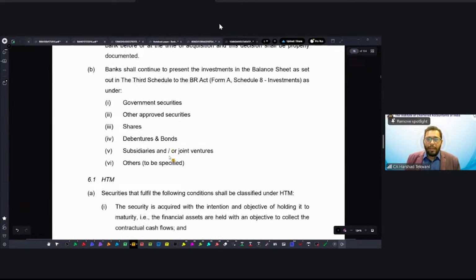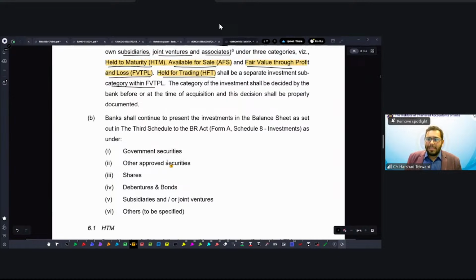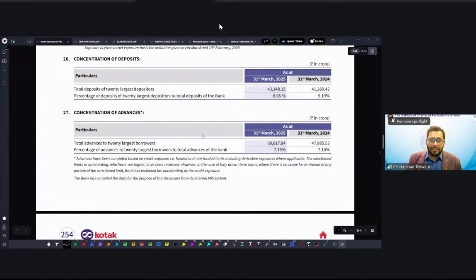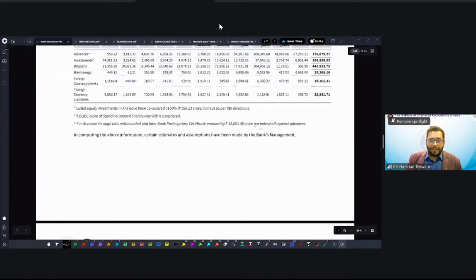Now again, banks are required to present their investments in the following format in their balance sheet. When we talk about the balance sheet, you will see government securities, other approved securities, shares, debentures, subsidiaries, and others. So for example, let's go to the bank's financial statement we already have with us. We will now go to the investment part.